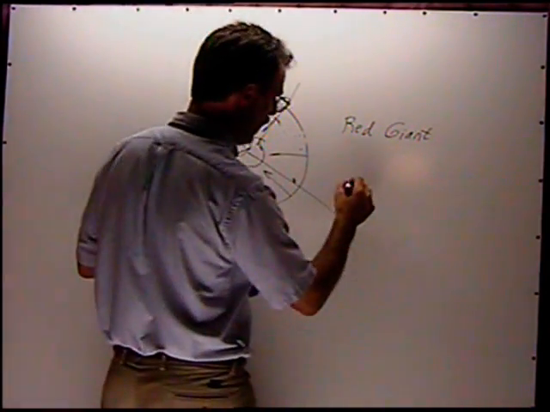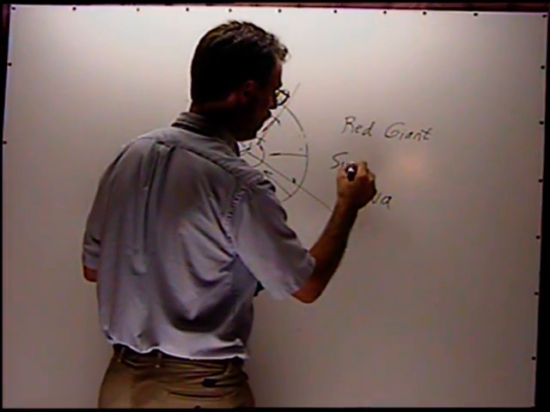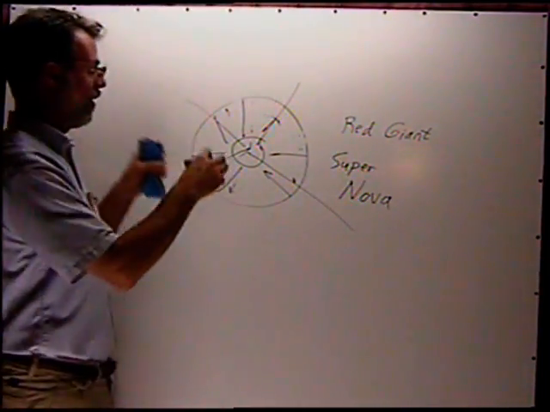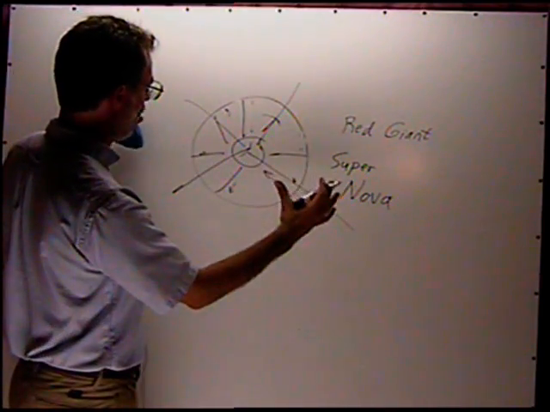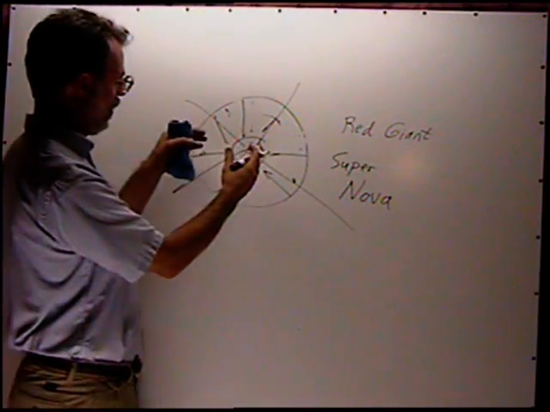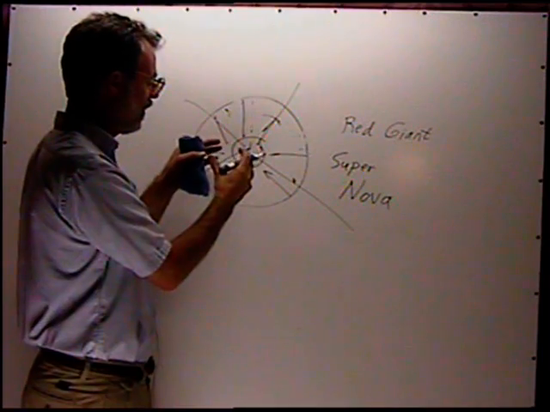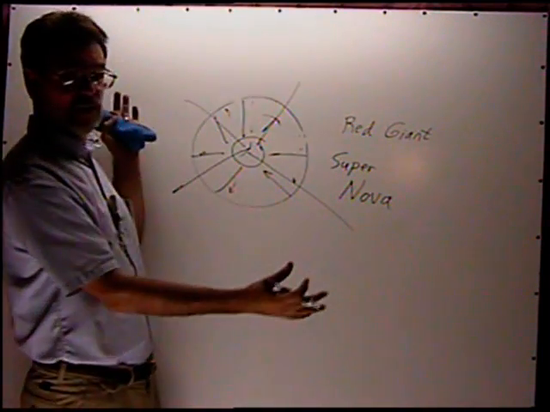Okay, and we call that a nova. Or sometimes, if it's a real big one, a supernova. That's where the star expands, but it collapses back down to a central, condensed area where it reheats and it explodes.